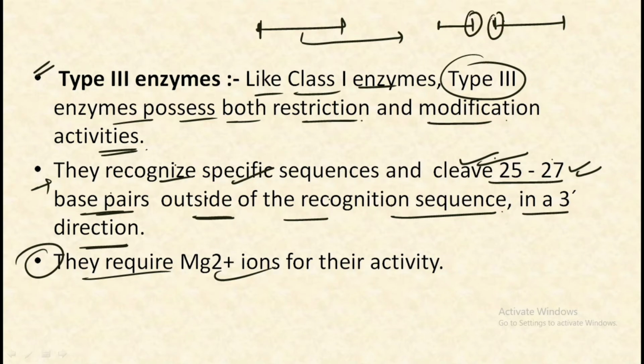What type 1 and type 3 actually do is that they do not cleave at the exact restriction site, rather they cleave away from the restriction site, and that distance is 25 to 27 base pairs in case of type 3 and about 1000 base pairs in case of type 1. So these are the major features of type 1, type 2 and type 3. Make sure you remember the difference between them.